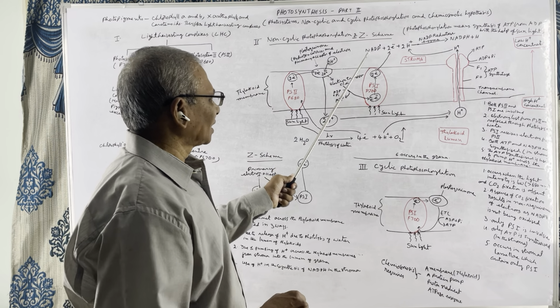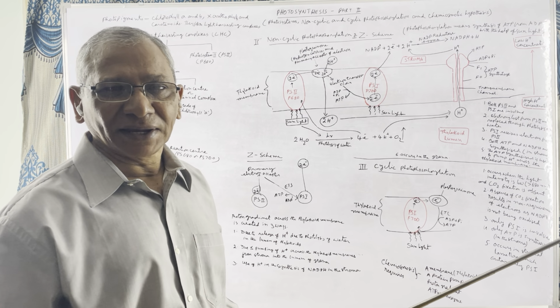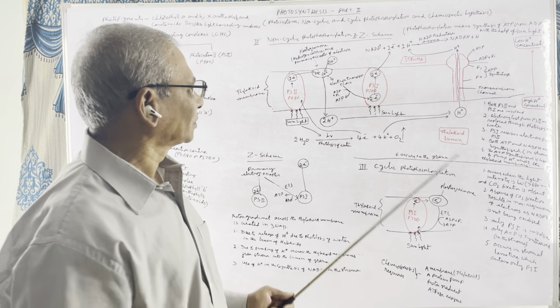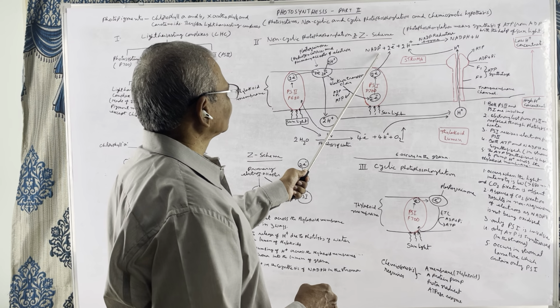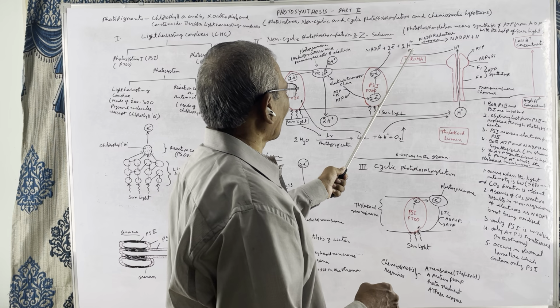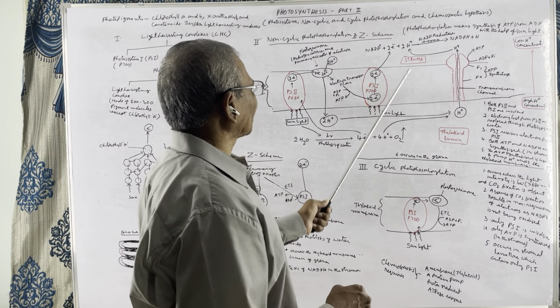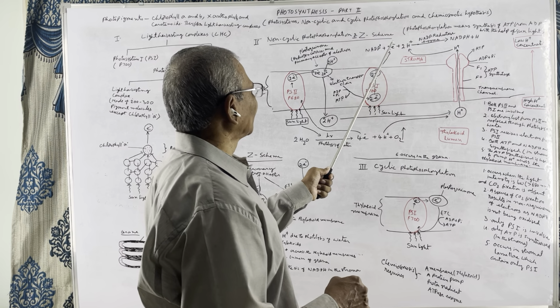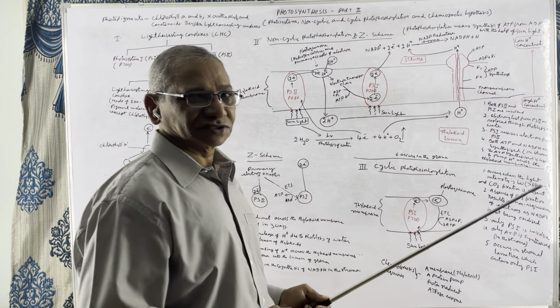In the stroma, hydrogen ions are removed, thereby the concentration comes down. How are they removed? You see here. During the conversion of NADP into NADPH, hydrogen ions present in the stroma are used up. Because of the use of hydrogen ions in the synthesis of NADPH, the stroma loses some.